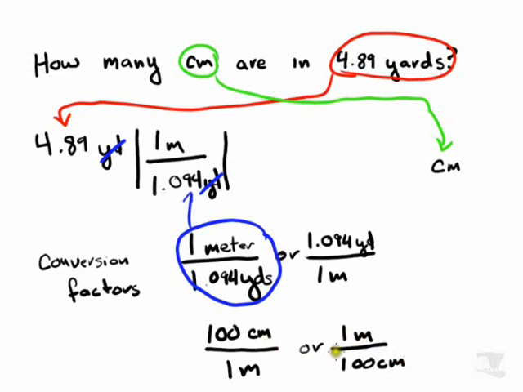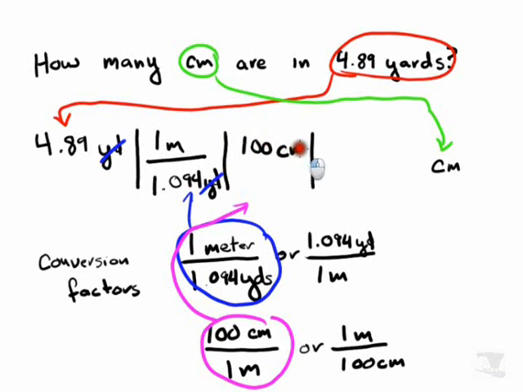Which one of these ratios am I going to want in order to get rid of the meters this time? Well, if you said this one, because it's got meters on bottom and there's meters here, I'd agree with you. So inside the next field goal, we're going to have 100 centimeters over 1 meter.